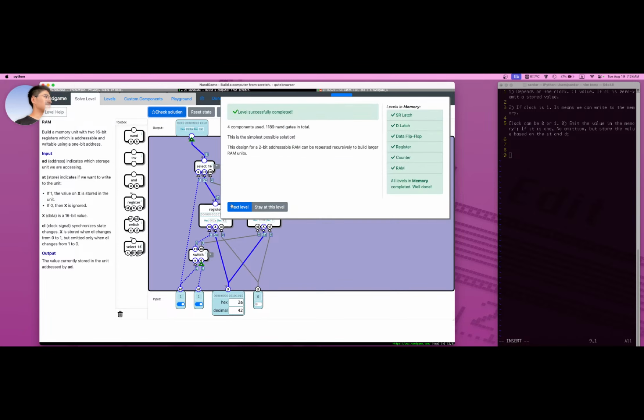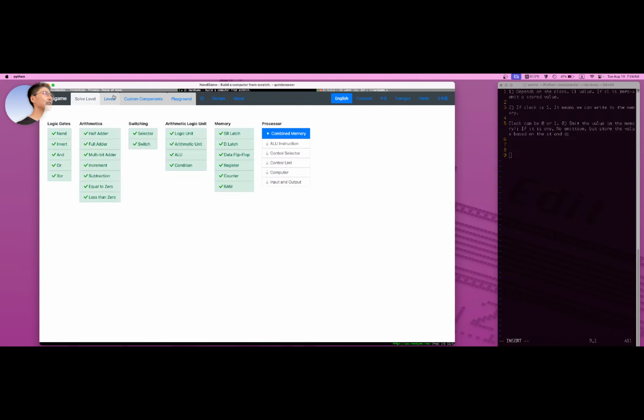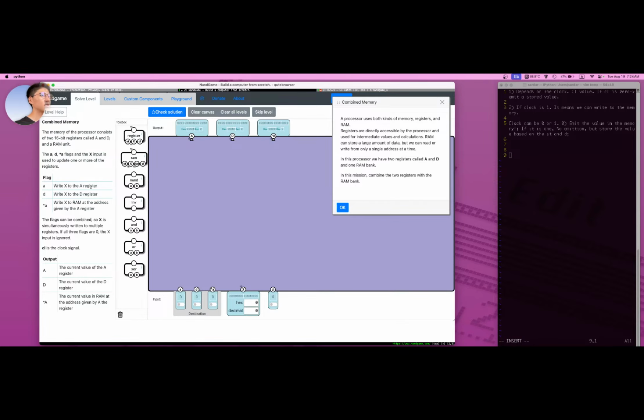Okay, let's go to the next level, the last level, the most difficult, most interesting level. That is a processor: combined memory, ALU, instruction, control, selector, control unit, computer, input and output. The memory in a processor consists of two 16-bit registers called A and D and a RAM unit.